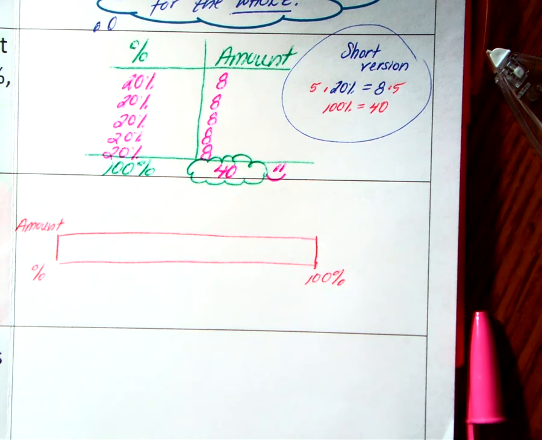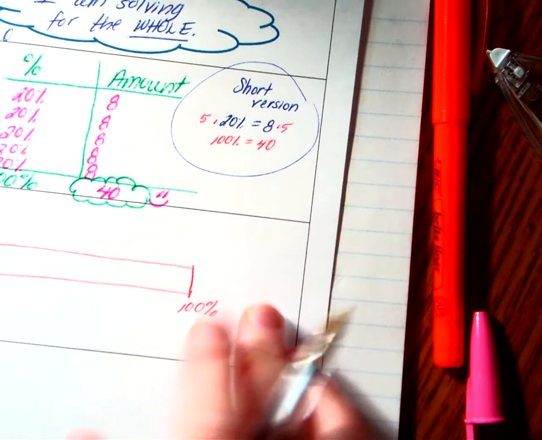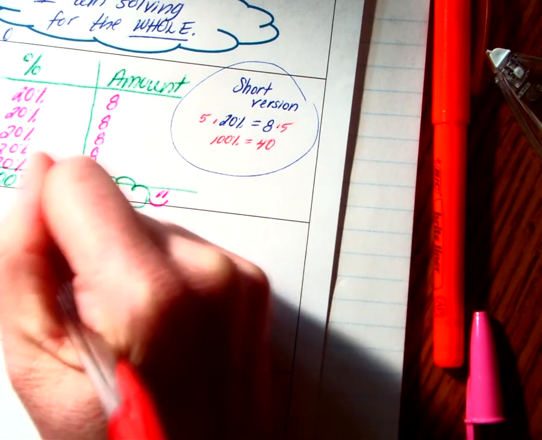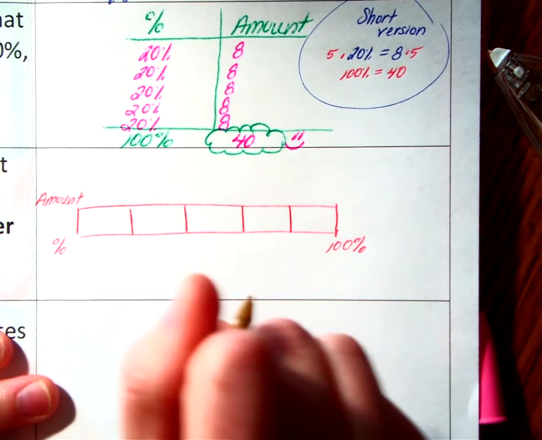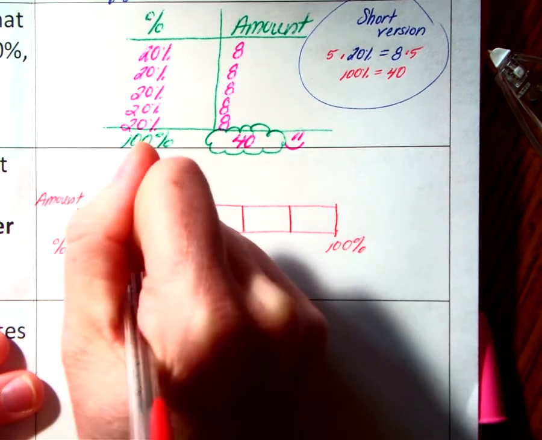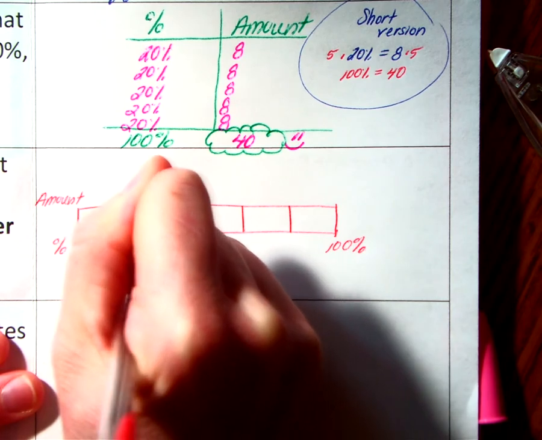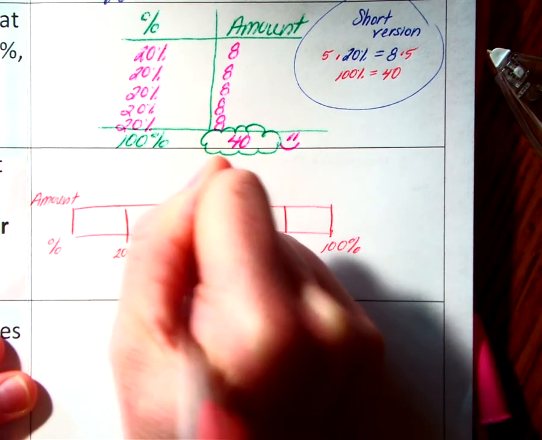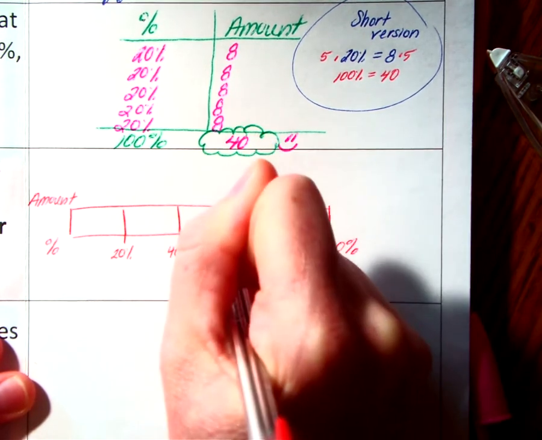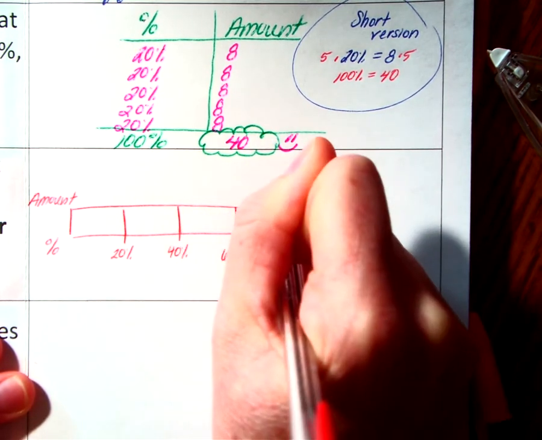Good job. So we need to chop up this percent bar into 5 equal parts to the best of our human ability. All right, so let me see. Not bad. So that means at here, I'm at 20%. And then here, I'm at 40%. Here, I'm at 60%. And here, I'm at 80%.